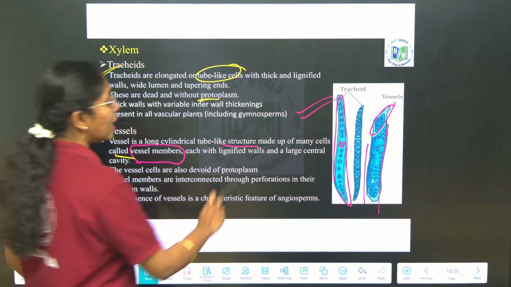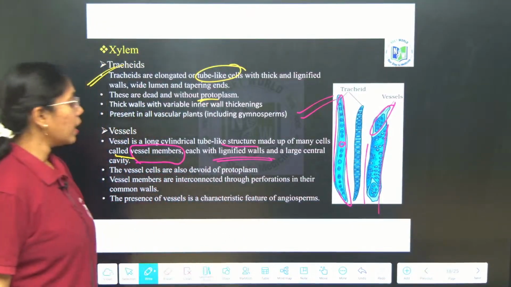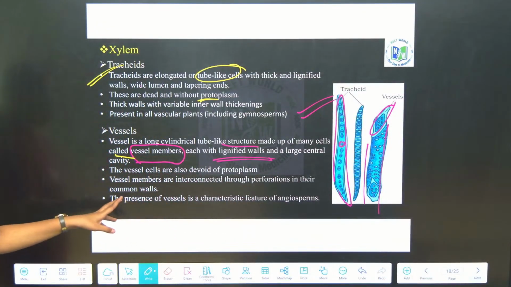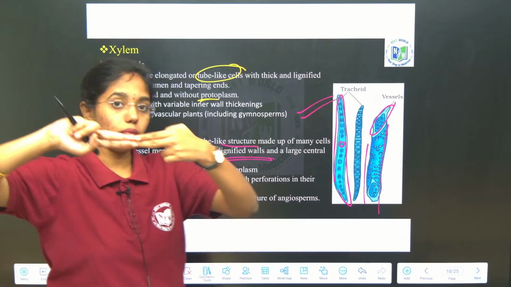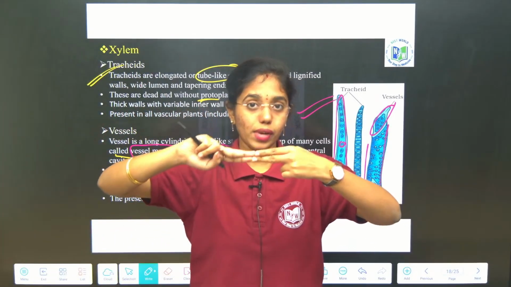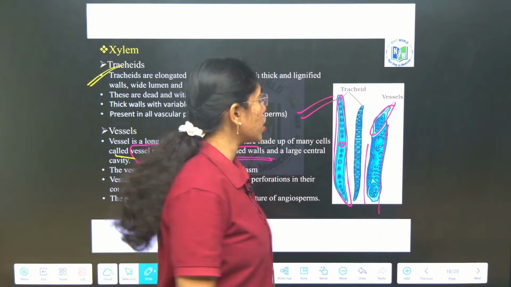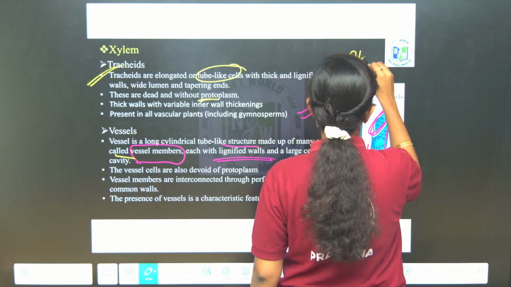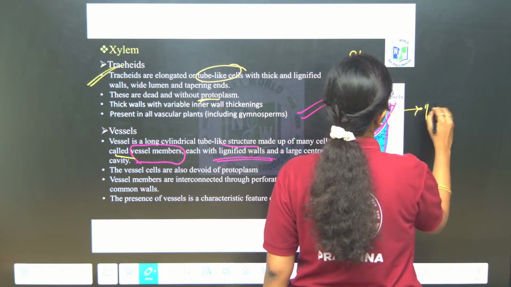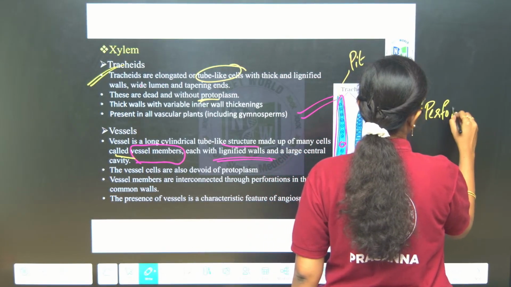They have lignified walls and are also dead cells without protoplasm. Vessel members are connected to each other, and one vessel is connected to another vessel tube by perforation plates. Tracheids will have pits and pit fields, while vessels will have perforation plates.